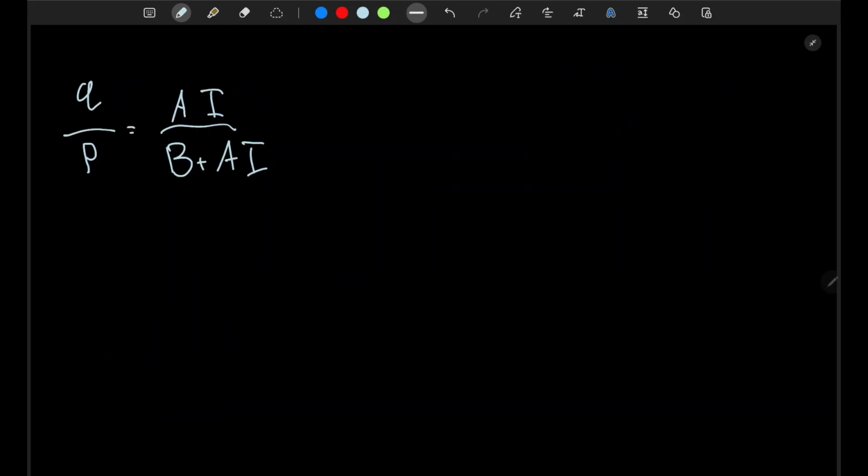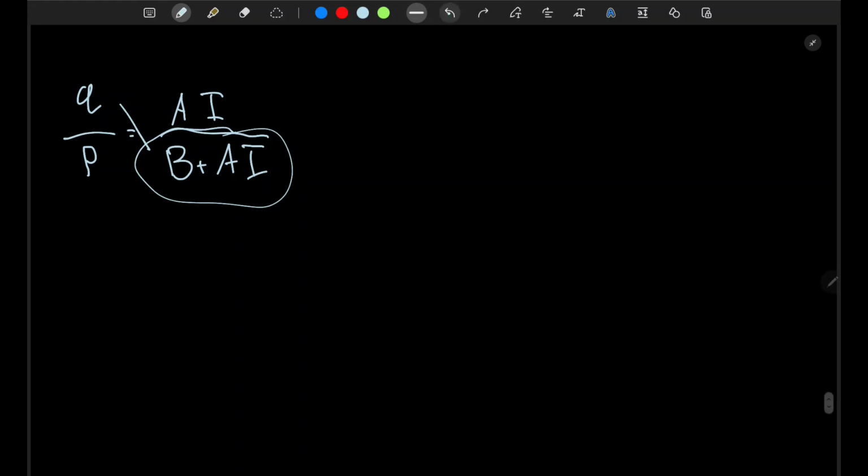Okay, and then in this example here, we are going to be solving for b. So the first thing we want to do is take this whole bottom and push it up diagonally across the equal sign. And at the same time, we can take this q and push it down, and this p and push it up.